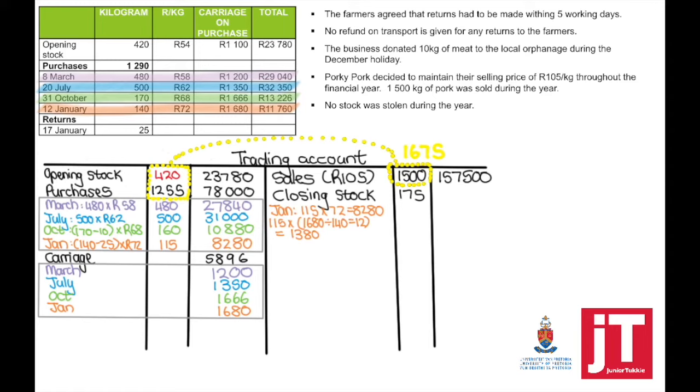The carriage, that 1,680, included 140 units. How many units are left over? 115.